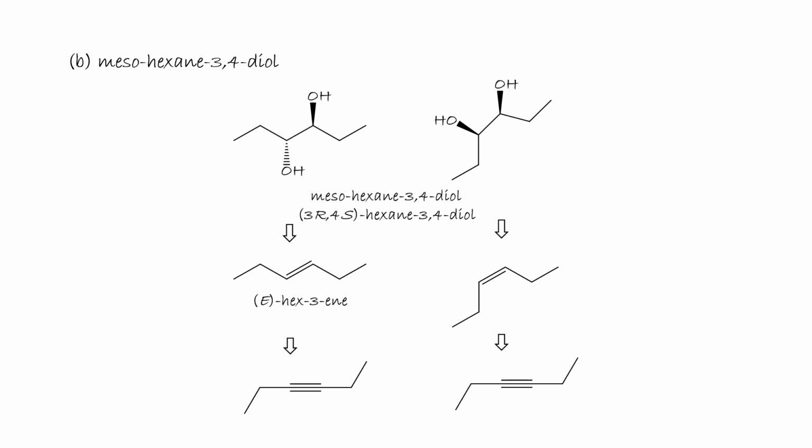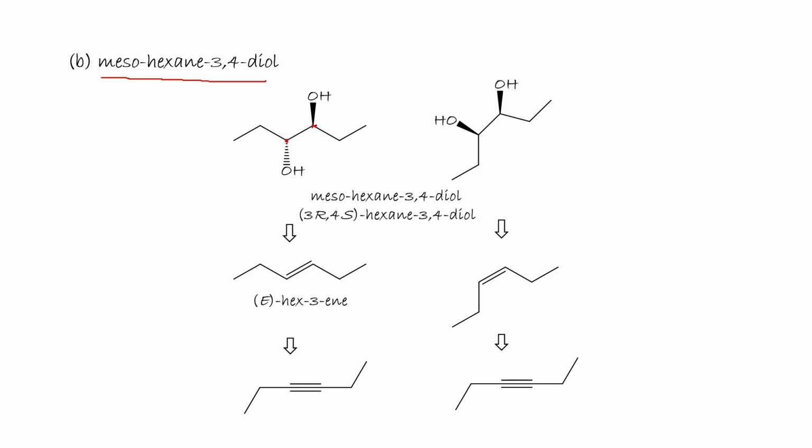How can you start with acetylene to prepare meso-hexane-3,4-diol? So it's meso, so it's R and S configuration.